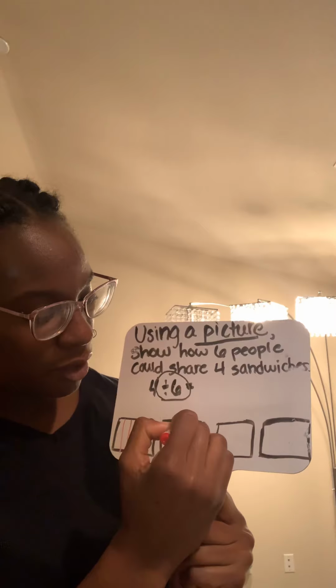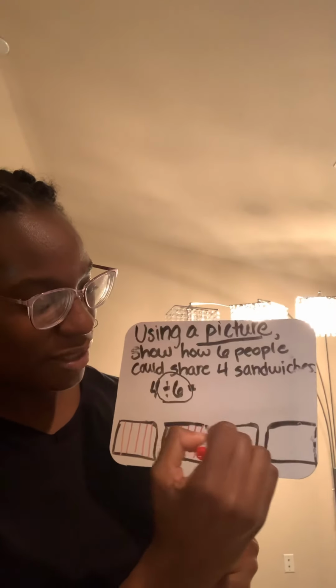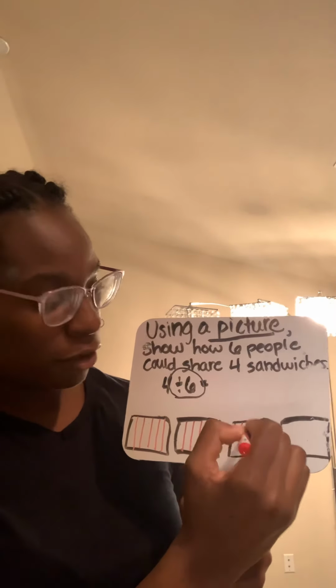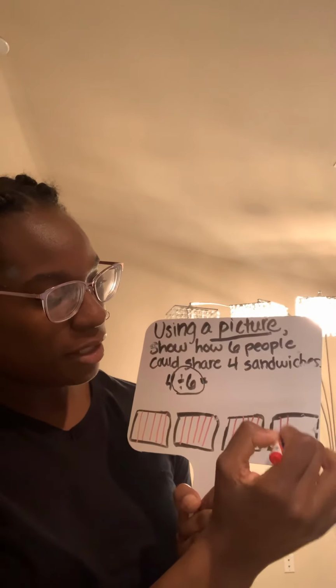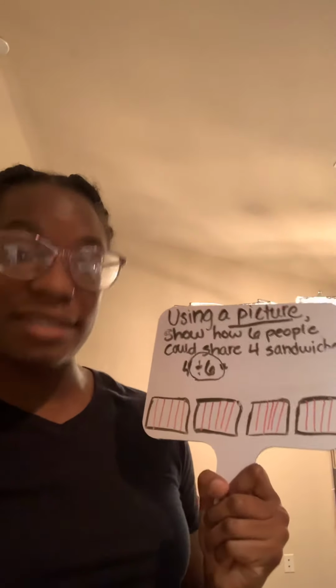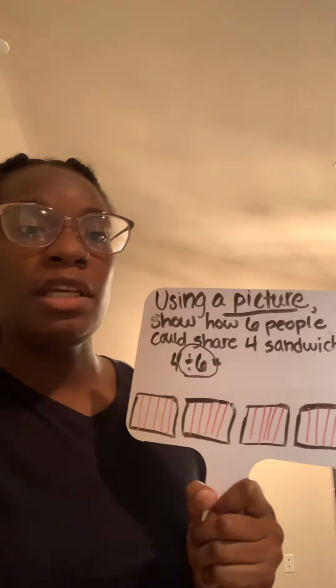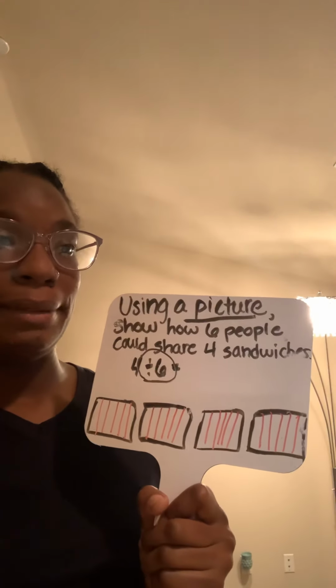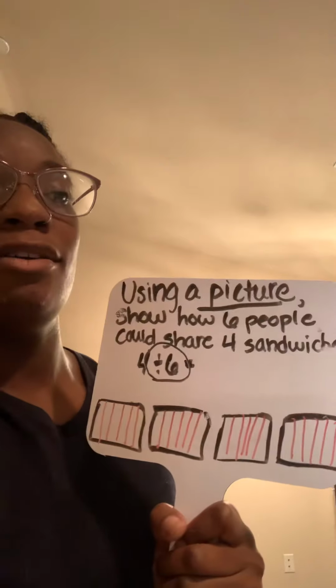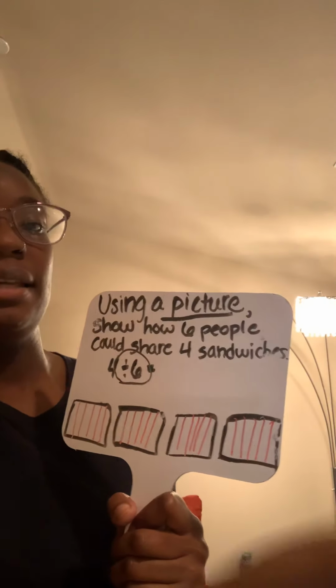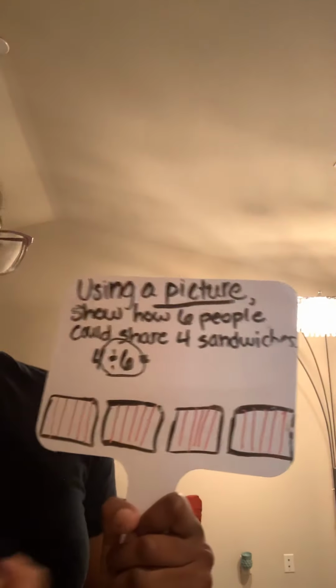So we've got 1, 2, 3, 4, 5, 6 in each box. All right? And the same thing that we did last time, we're going to count how many of these sixths we have all together.